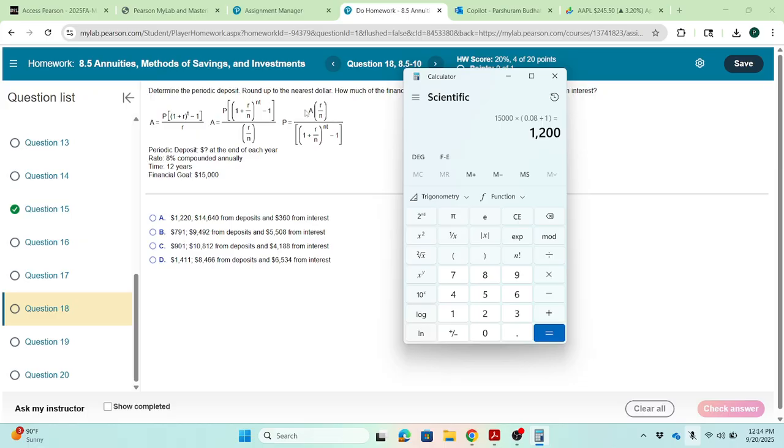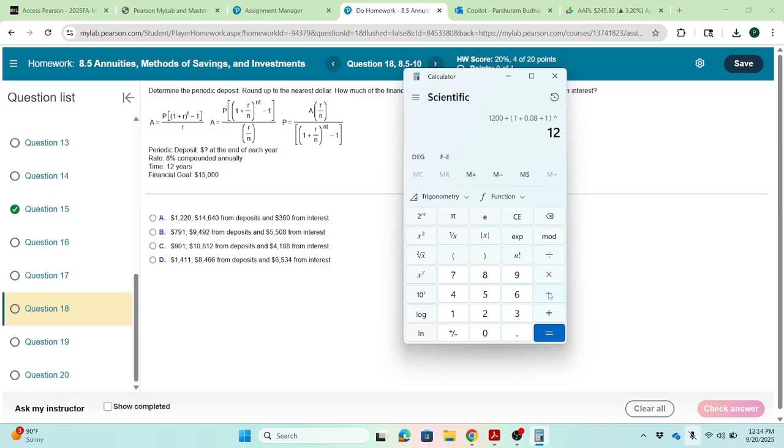This number is on the top part. On the bottom part, you have to calculate this value, which is 1 plus 0.08 divided by 1 because it's once a year, to the power N times T. N is 1, T is 12, so to the power 12.